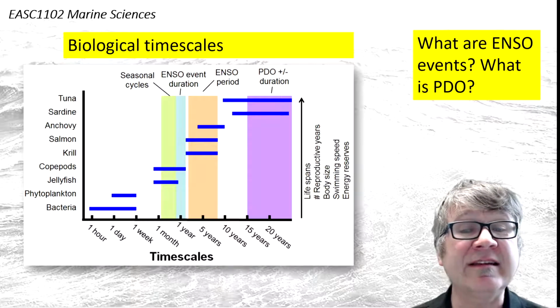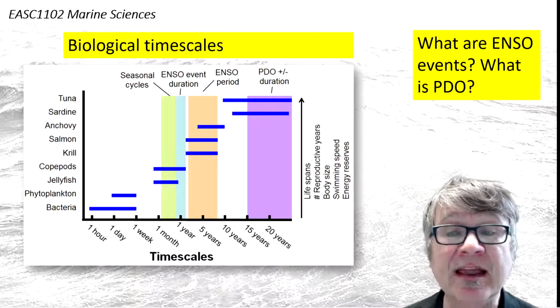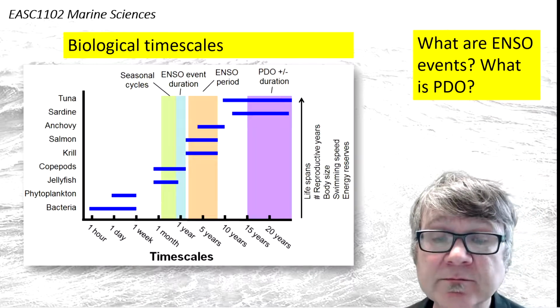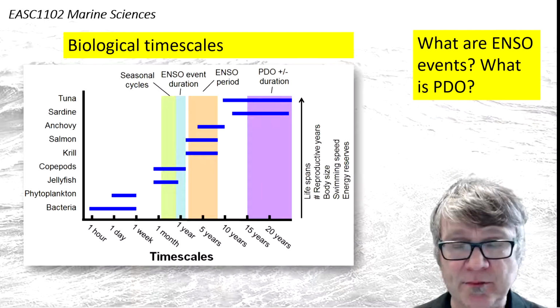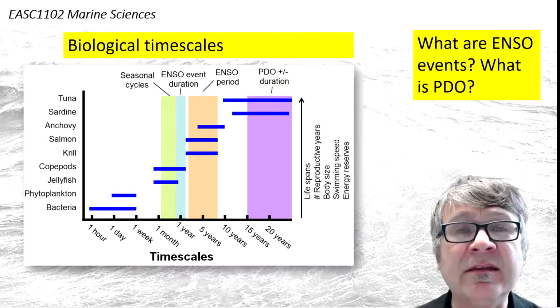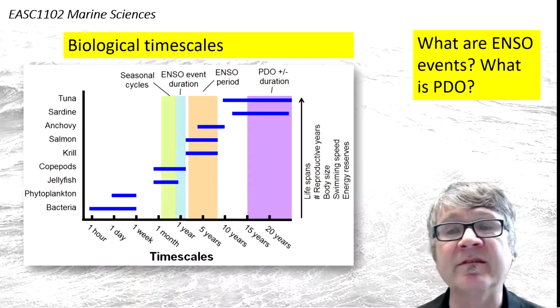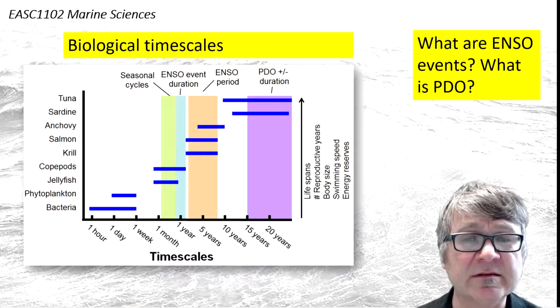Sardines, similar, very, very long-living species, but anchovy, and that should be noted here, has a shorter time scale. So now, at the very top, it actually indicates the time scale of physical events, like seasonal cycles are included there. Seasonal cycles.